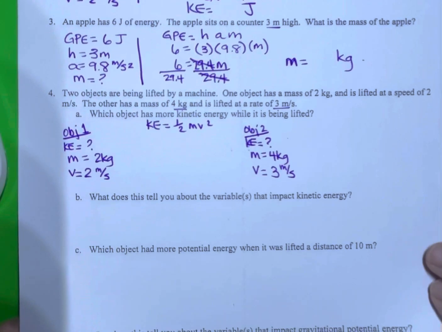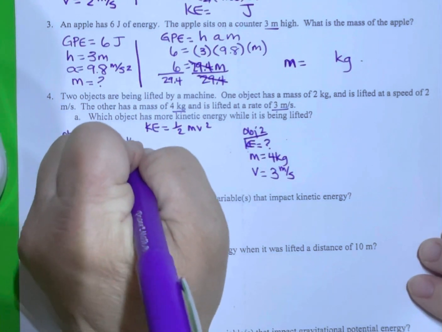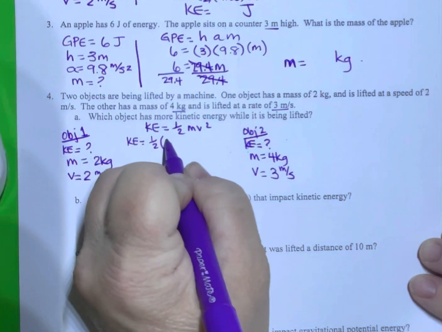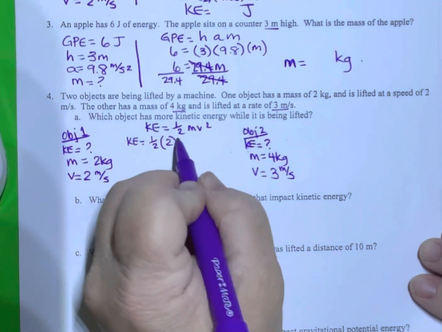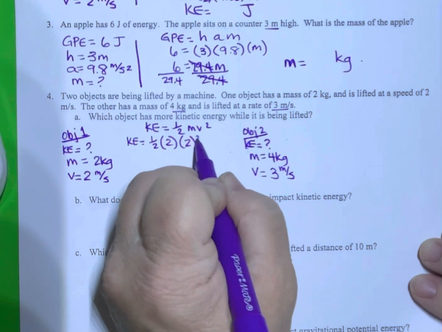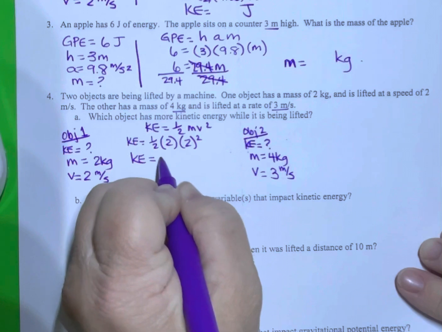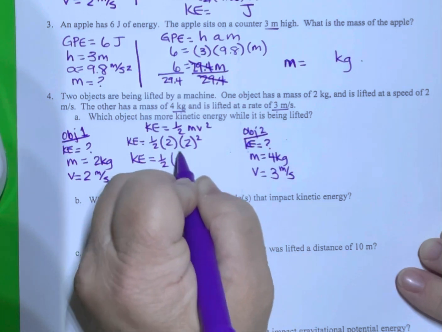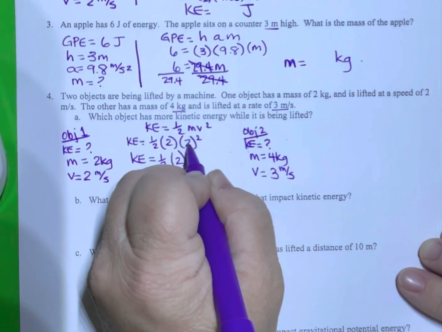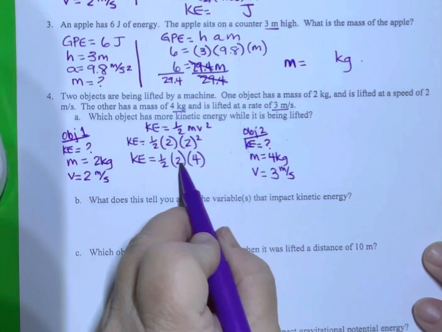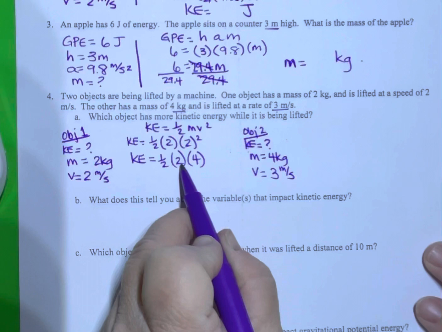Let's start with object 1. So kinetic energy is equal to 1/2 times the mass, which is 2, times the velocity, which is 2, and it has to be squared. So kinetic energy is equal to 1/2 times 2 times, and what's 2 times 2? 4. So what is 4 times 2? 8.